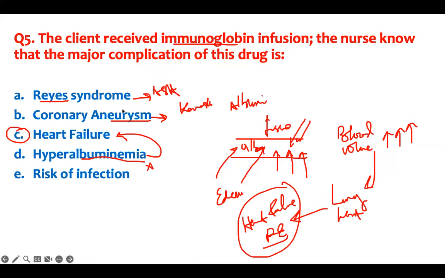Could be a major complication. Risk of infection. Yes, you get a risk of infection. It makes you immunocompromised. But is it better than heart failure? Think. So priority, priority, priority. So heart failure is worst. So I'll pick that answer choice.